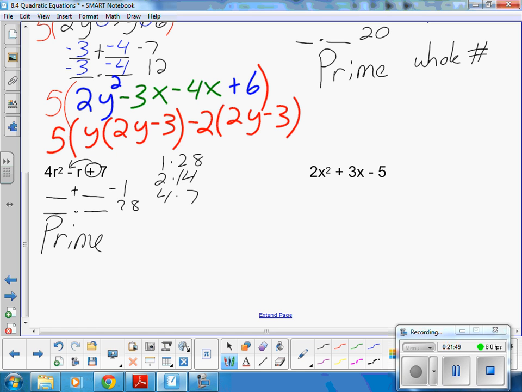In the next problem, we need the sum to add to 3 and the product to be a negative 10. So we have 1 and 10, 2 and 5. The signs are different, and I want the sum to be 3. So that's going to be 5 and a negative 2.